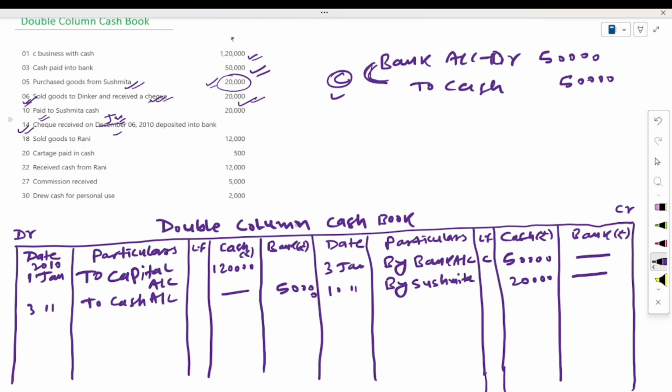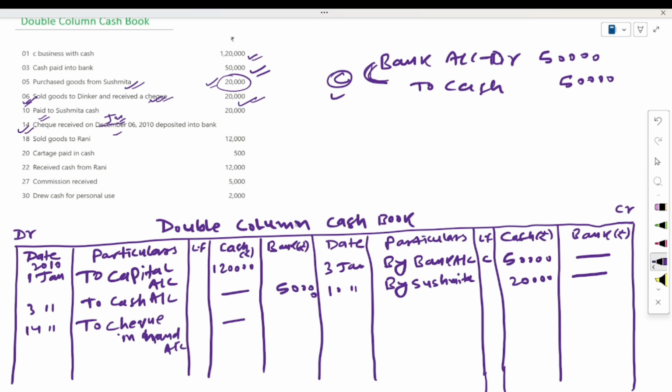And you are depositing the check of how much? 20,000 into the bank when? On 14th Jan. We will write here 14th Jan, "To check in hand account". Now why am I writing "to check in hand"?